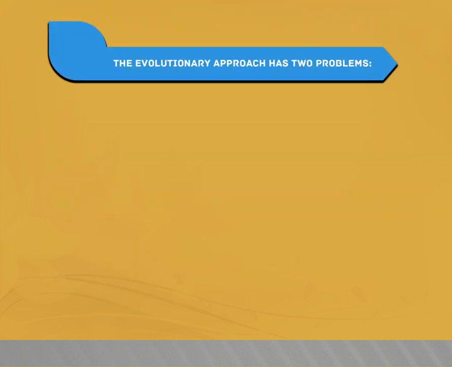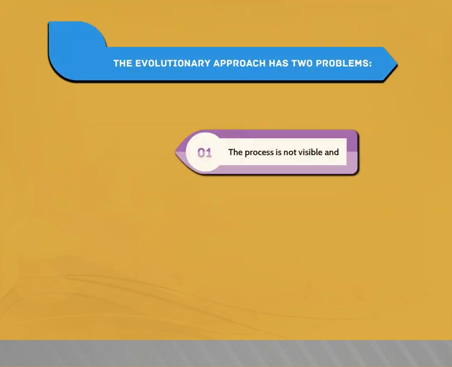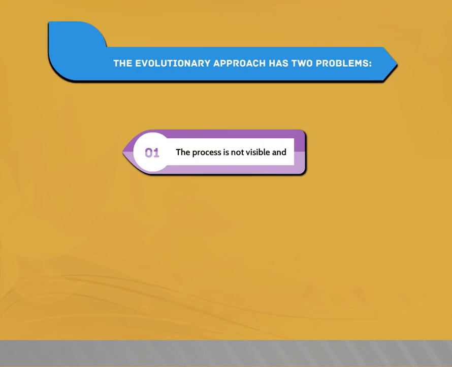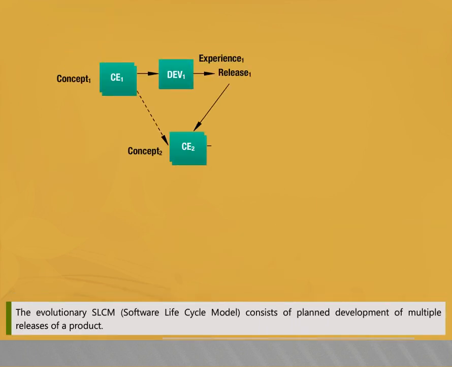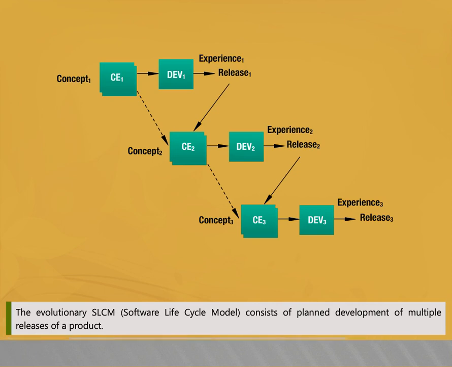The evolutionary approach has two problems. The process is not visible and systems are often poorly structured. The evolutionary SLCM, that is Software Lifecycle Model, consists of planned development of multiple releases of a product.